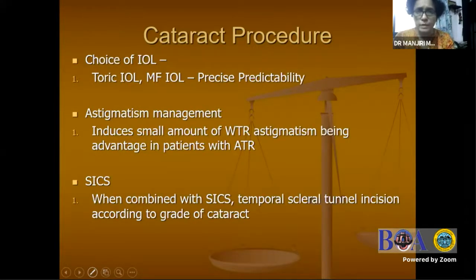Here, if we take two separate approaches, you can choose premium IOLs and you can better manage the astigmatism part of it, because a temporal cataract incision induces a small amount of with-the-rule astigmatism, being an advantage in most of the patients who have against-the-rule astigmatism.